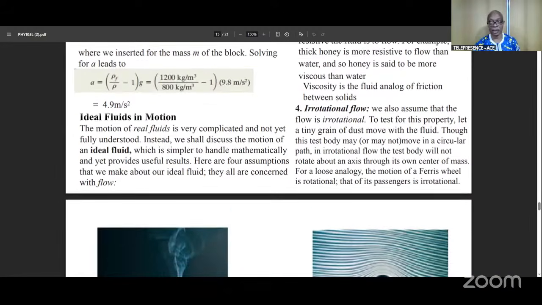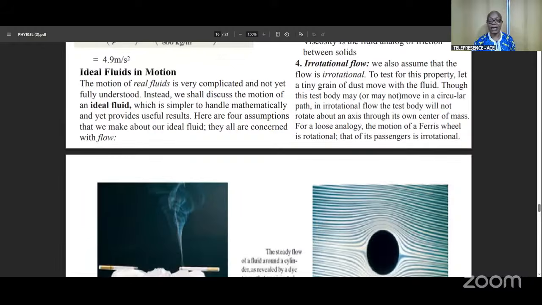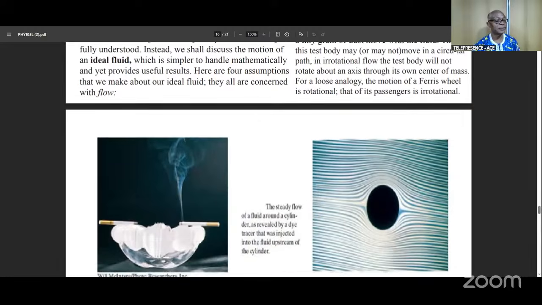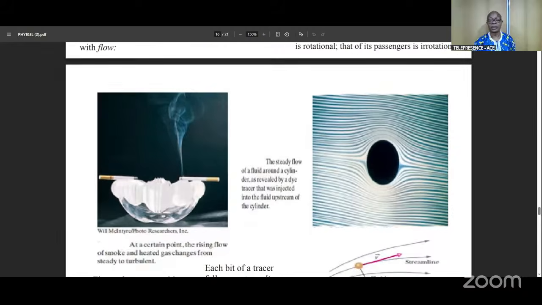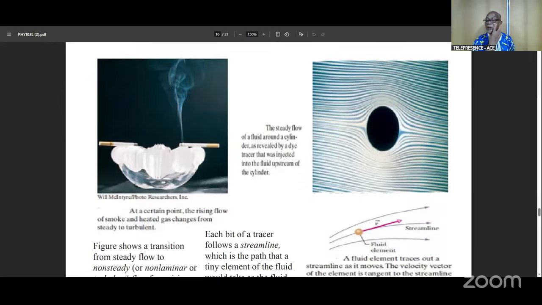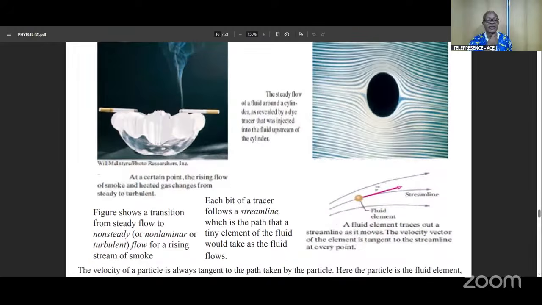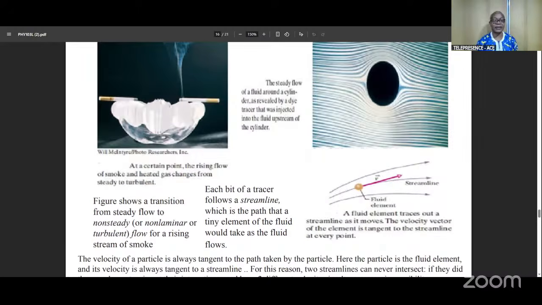And then we're able to discuss and actually understand what we mean by streamline. Streamline is the path that a tiny element of the fluid will take as the fluid flows.